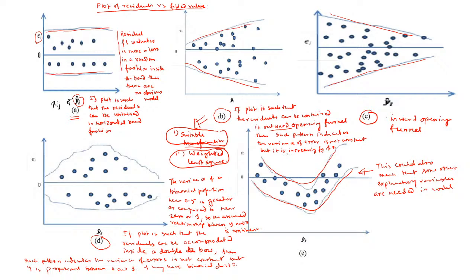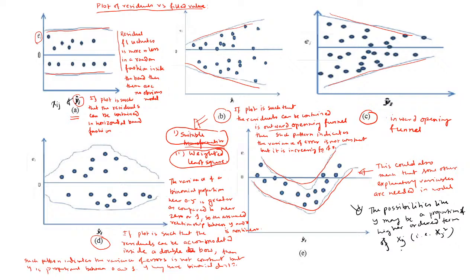If your figure looks like E, there is a possibility that y may be proportional to a higher order term of xj, for example xj square.